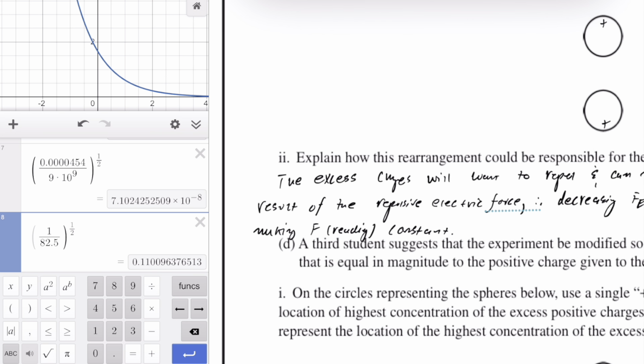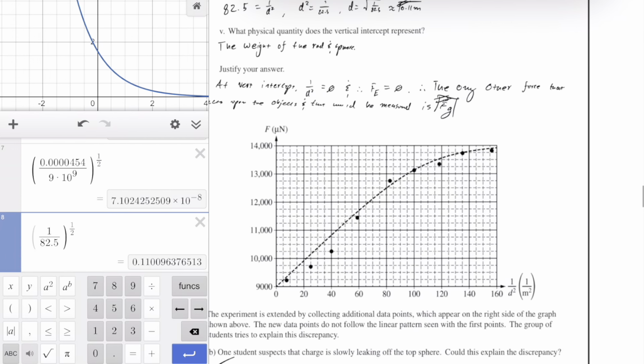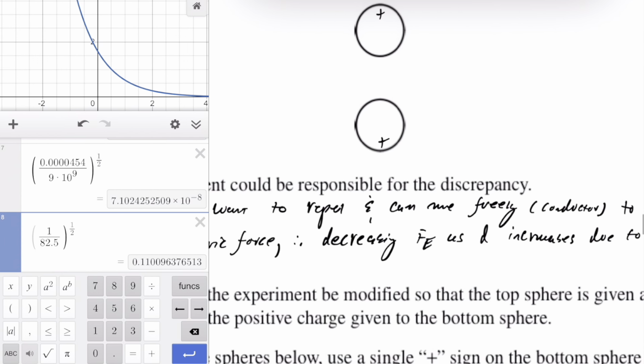Because if they repel and these charges move over here, the electric force will weaken. And if the electric force weakens but distance is still decreasing, and the distance between the two repulsive charges is more than it was before, then the reading on the scale will be the same, right? Because it's basically just adjusting so that it will be constant. If that's a bad explanation, I'll actually do it again.